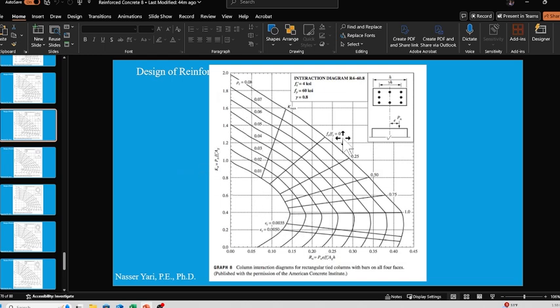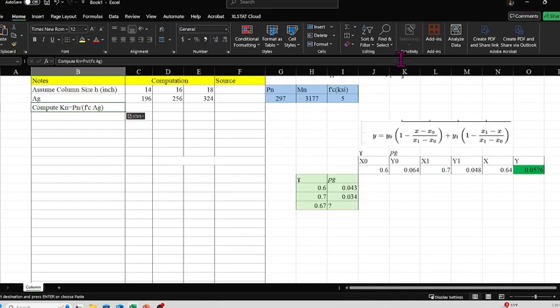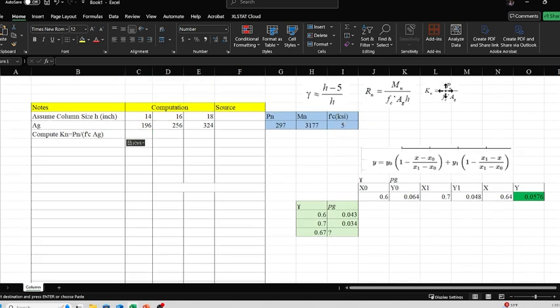Once we do that, then we find the right diagram, and then we take it from there. Let's not get ahead a little bit. So going back to the Excel, we're going to compute Kn, and the Kn equation, I think I had it right here. The Kn equation is Pn over f prime c times Ag.